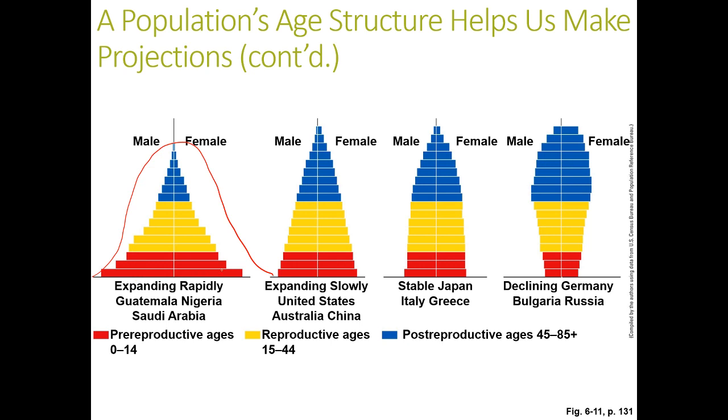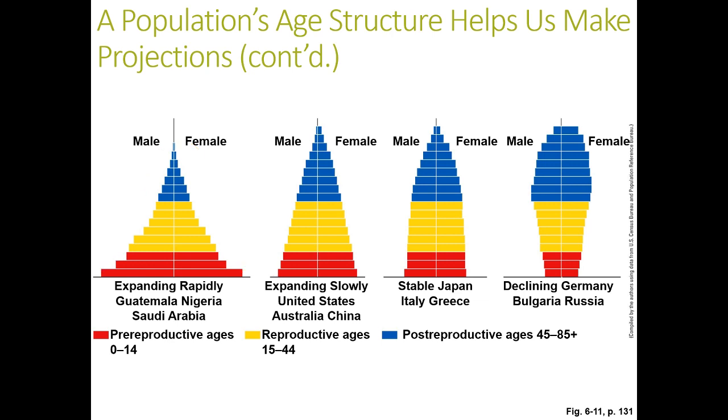Because of this population down here, because there are so many young people, as we go year to year, this is going to go up, and we will have more people in that age group. Obviously, there will be death because of natural factors, but if you see that type of graph, you're looking at a rapidly growing population. Some examples are Guatemala, Nigeria, and Saudi Arabia.